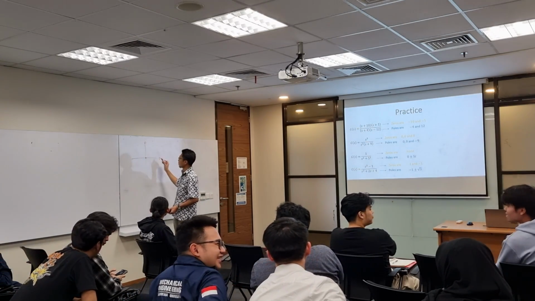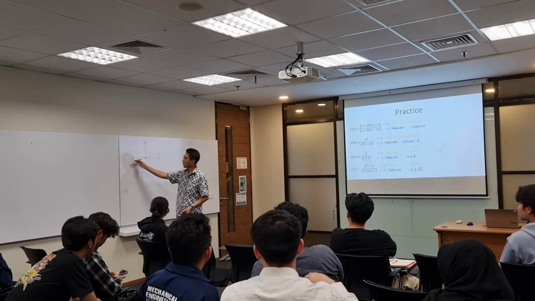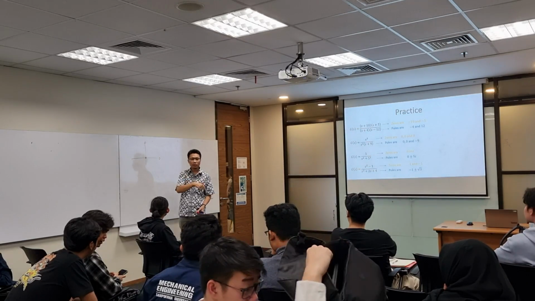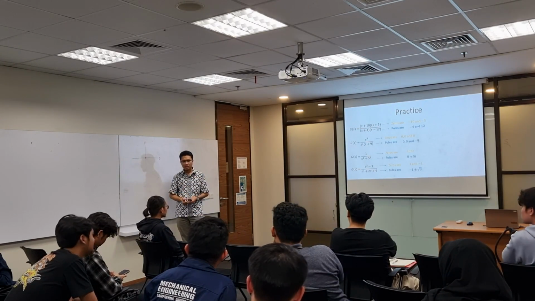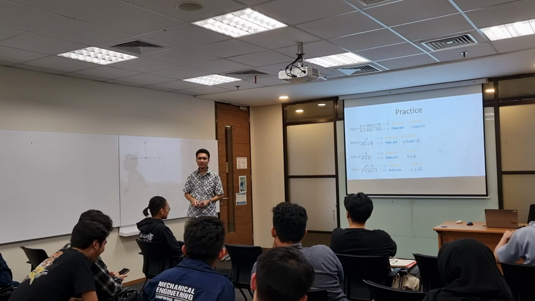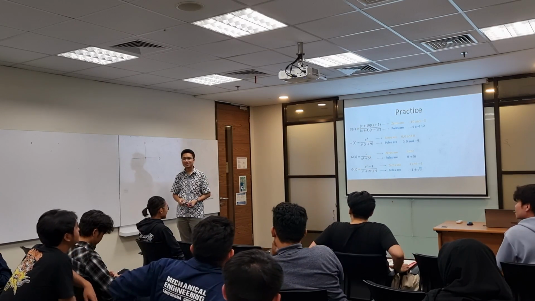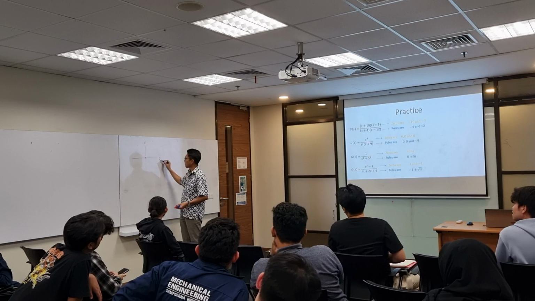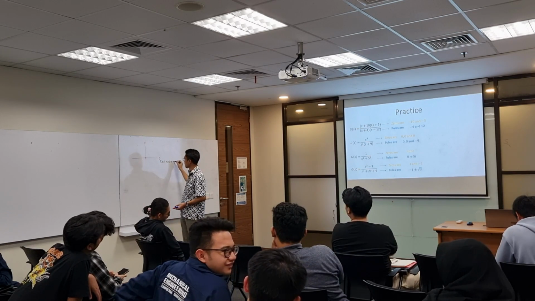So in this case, we have two axes. What we call the horizontal axis when we discuss about poles and zeros. It's not x-axis, not time axis, not frequency. No, not zero axis. It's the real number axis.